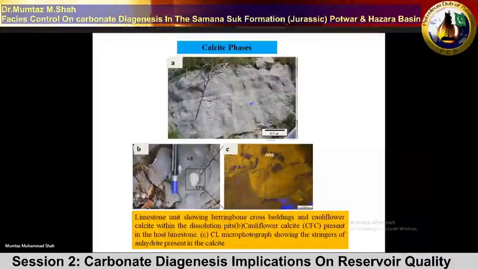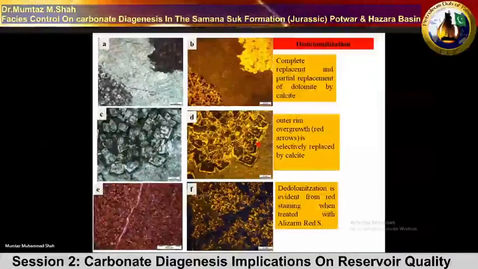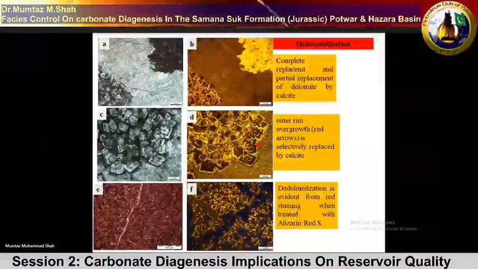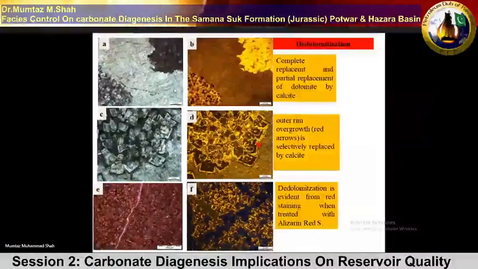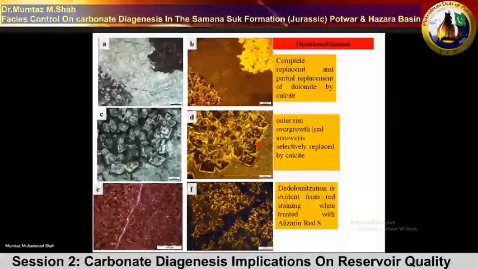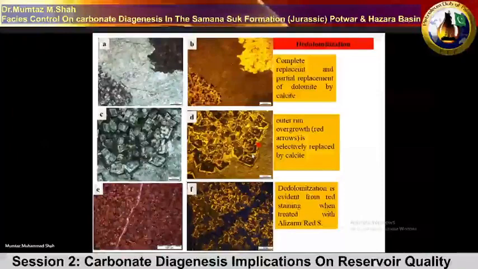Some more examples of dolomite completely replacing the host limestone, where we can see nice rhombic dolomites, and these rhombic dolomites are being affected by the process of de-dolomitization.